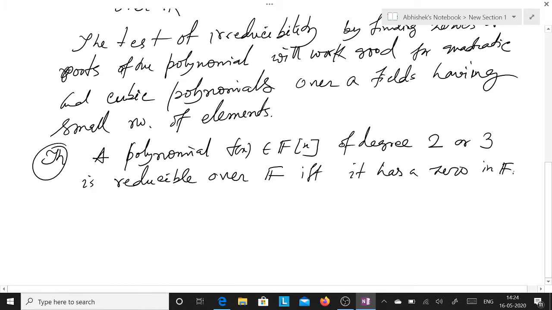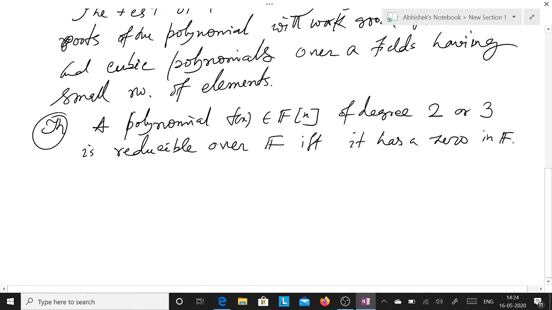So now the next theorem that I shall state is for the field of rationals, and this theorem deals with the polynomials over the ring of integers.